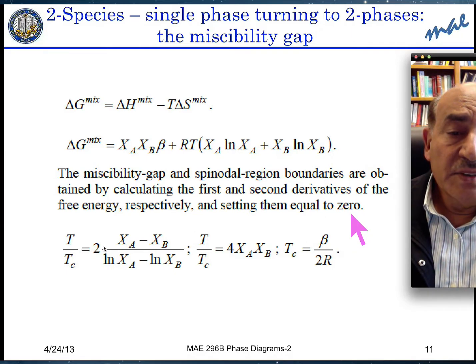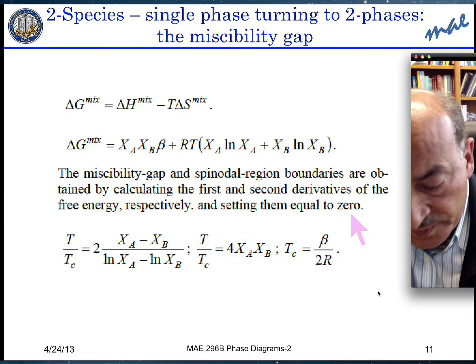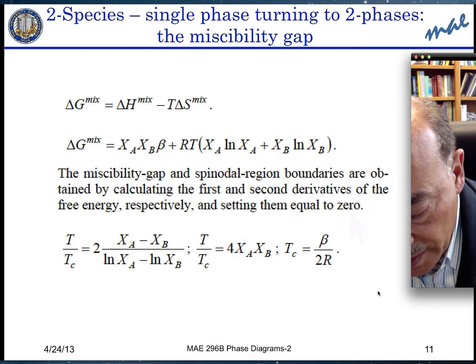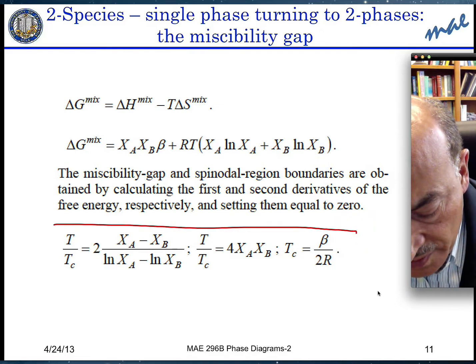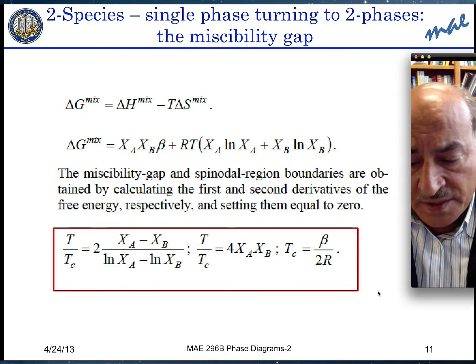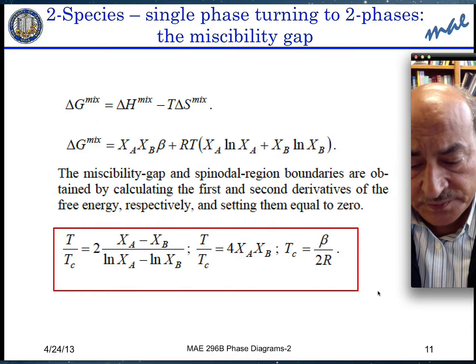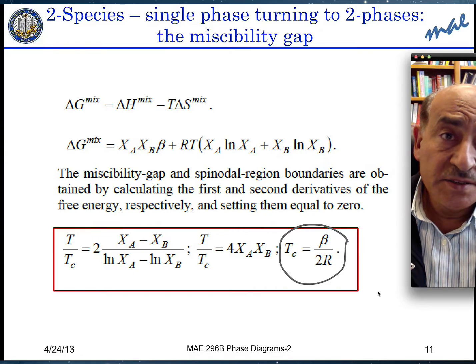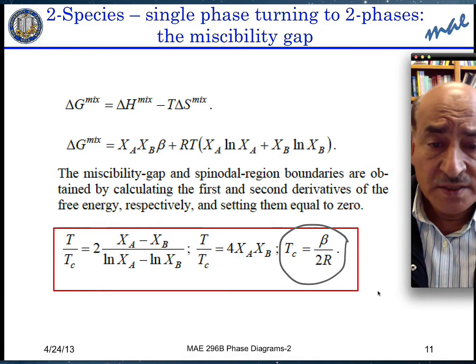So we have this temperature T sub C that we can find from the solution, and you find that the solution gives you the following. It can give you now the value of, in this case, I have the T sub C value. This is the temperature, critical temperature at which you have immiscibility.